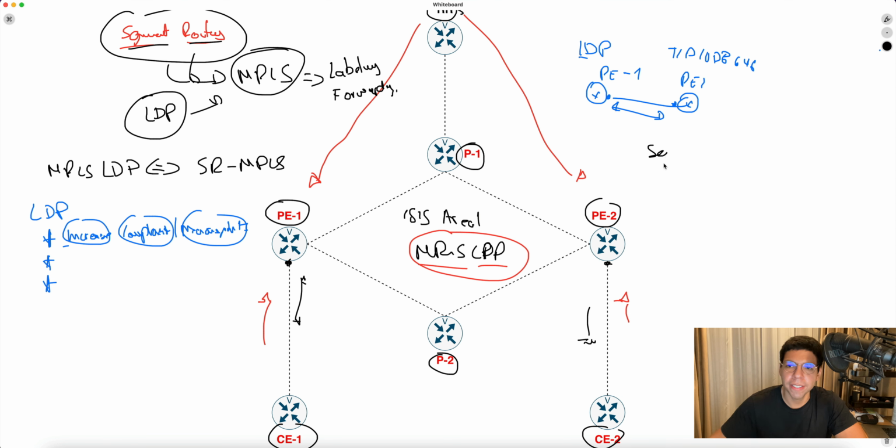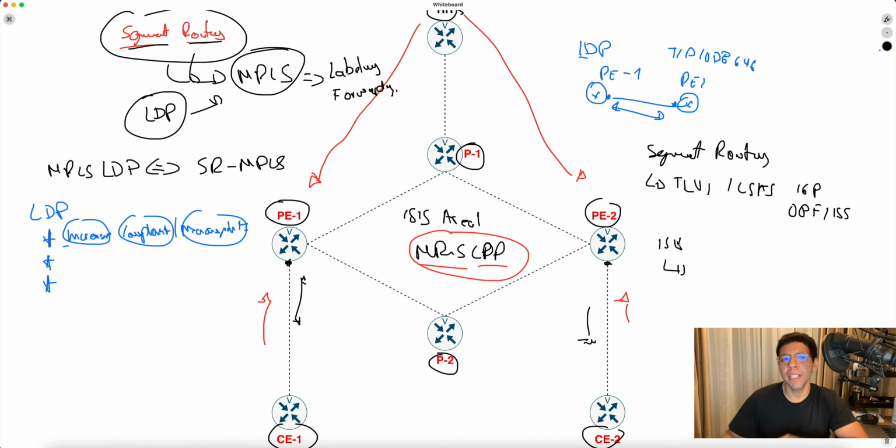Segment routing instead is carried in the TLVs or LSAs of the IGPs, in this case OSPF or ISIS. In the case of ISIS, all the segment routing labeling concepts, that is prefix SID and adjacency SID, which we will talk about in a little more detail, are carried in TLVs, the type-length-value fields that are quite common in ISIS for supporting new features.